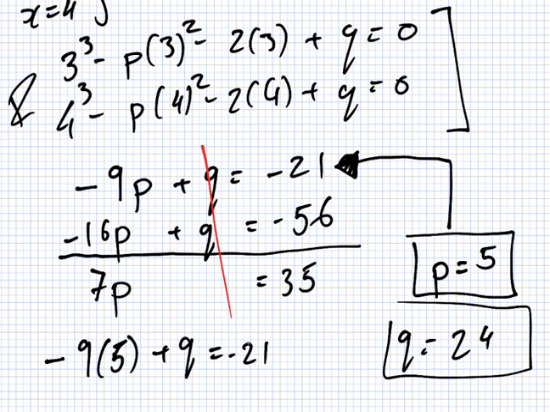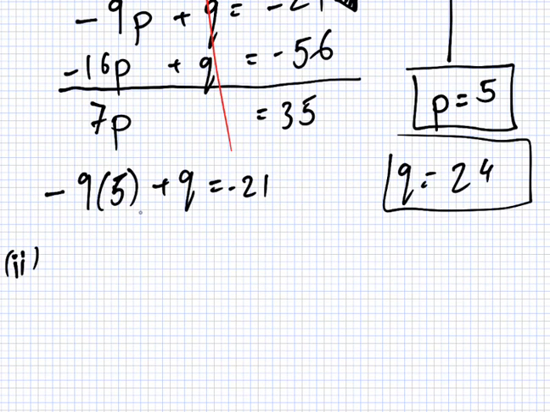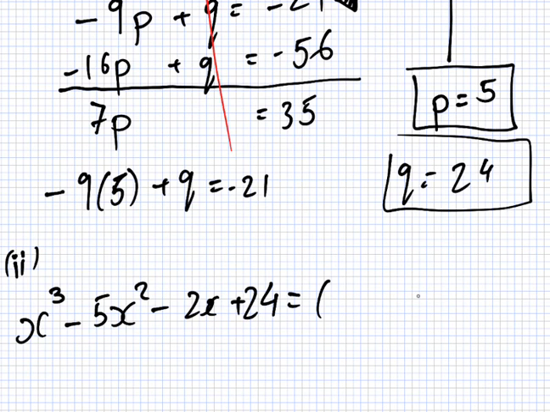So the last part now is to fully factorize. We know the p and the q, so we have x cubed minus p x squared minus 2x plus q. What they would like here is the three factors.